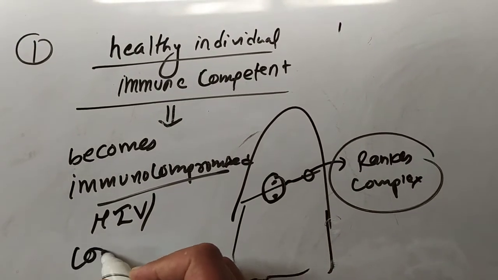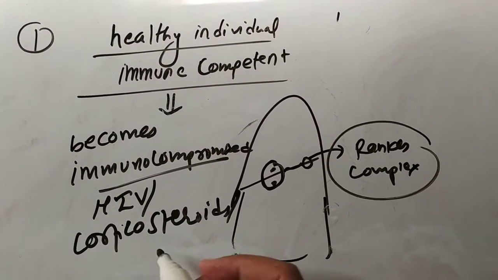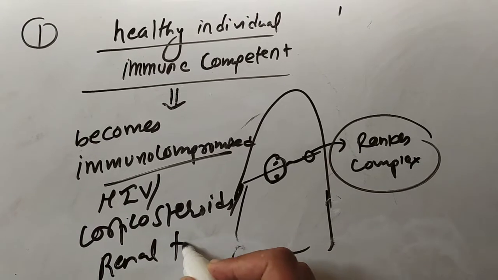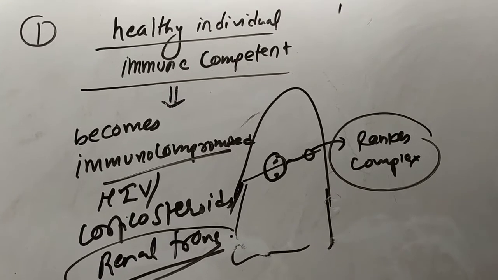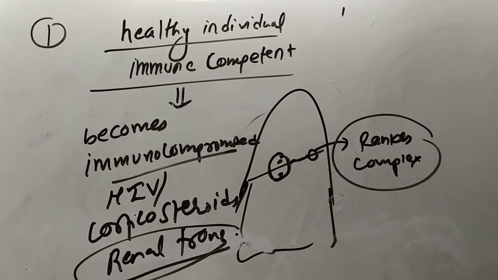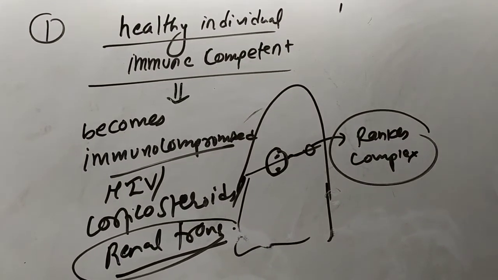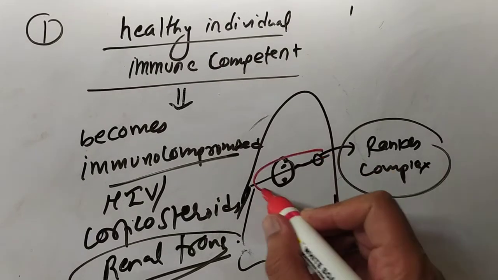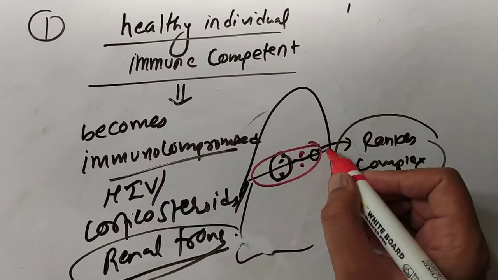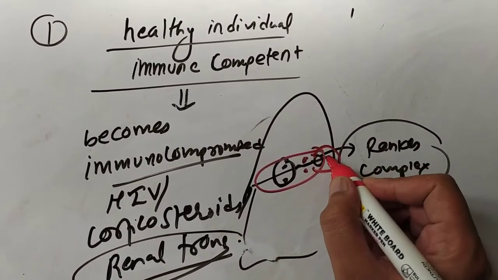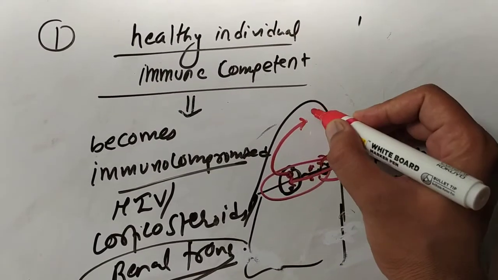Let's suppose he is taking corticosteroids, or is on a renal transplant or any other thing, or in any condition where his immune system is somehow lowered, in those cases there will be reactivation of the bacteria from this Ranke's complex. So from the Ranke's complex there will be reactivation of bacteria, and the bacteria from the lymph node will again come to its initial focus, and now it will travel to the apex of the lung.